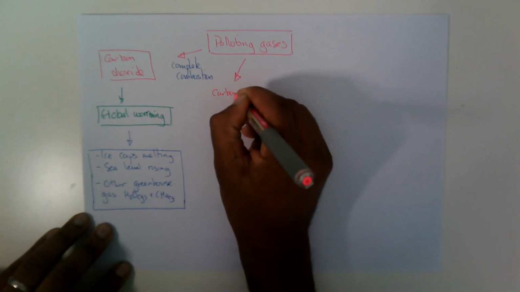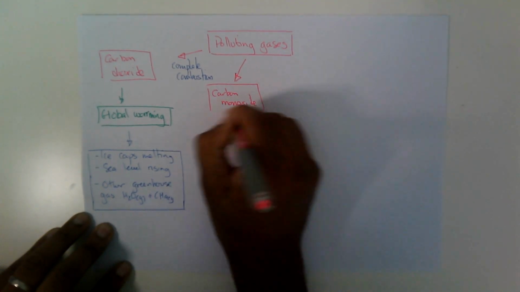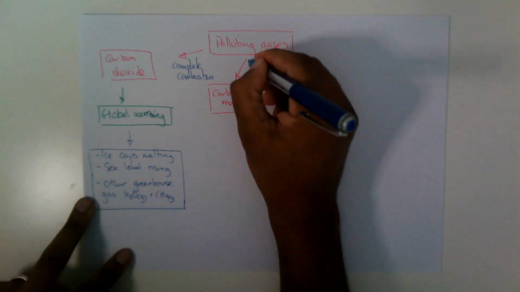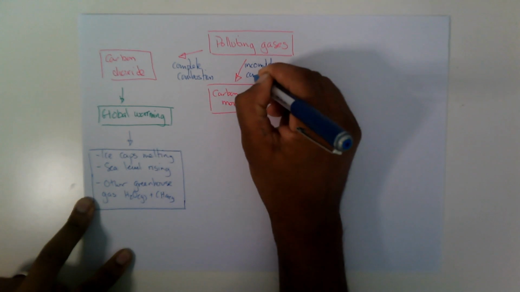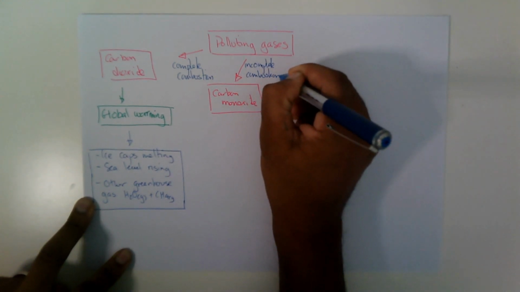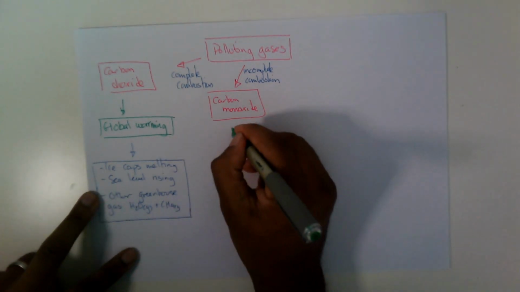So carbon monoxide is caused by incomplete combustion.